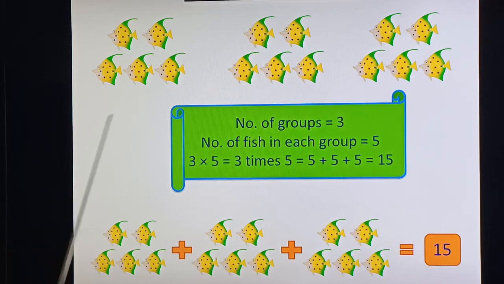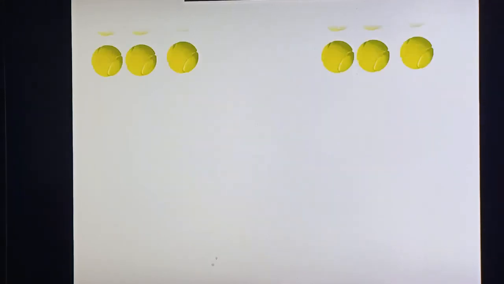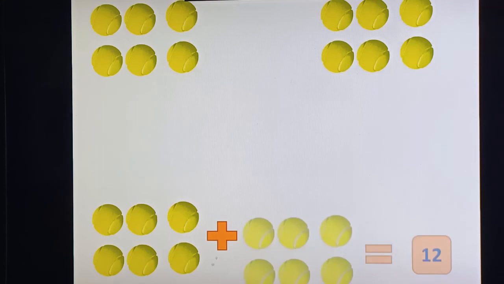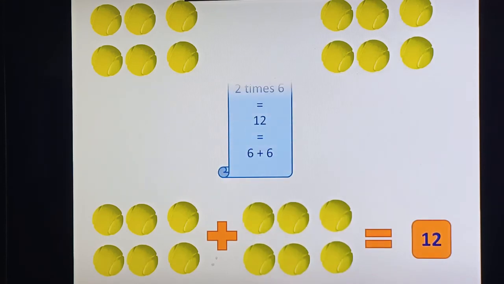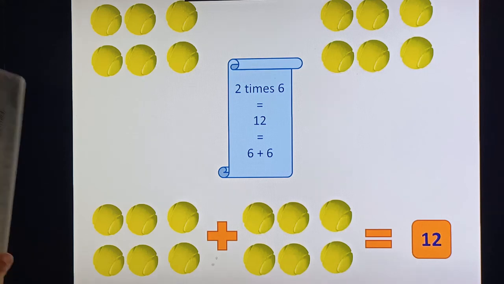So 3 times 5 will give me 15. Now proceeding with the next example, we have here 6 balls arranged in 2 different groups. So 6 plus 6 gives me 12 balls, and how will I speak in terms of times? 2 times 6 is equal to 12.